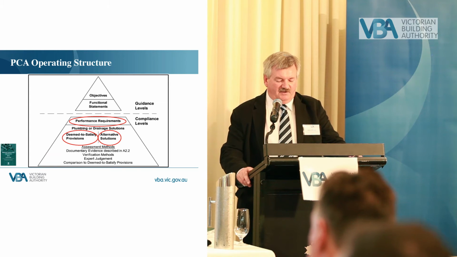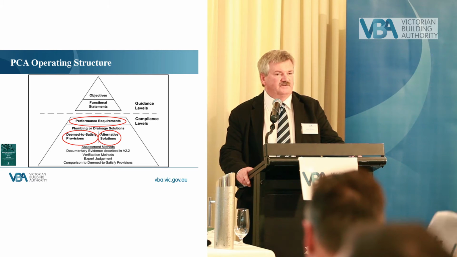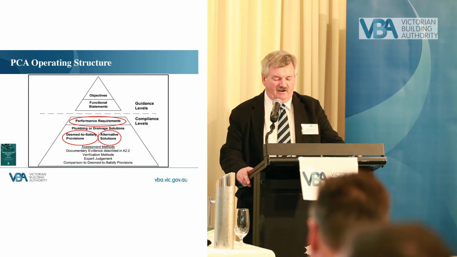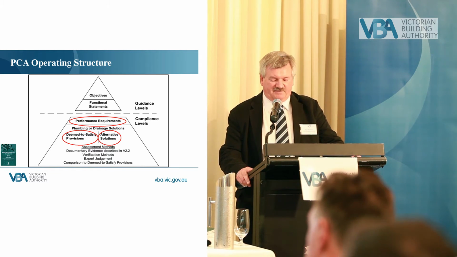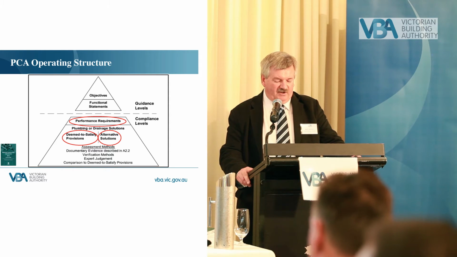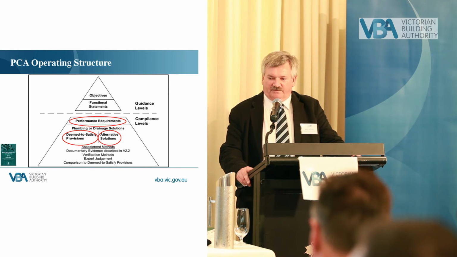The top level provides guidance and contains the overarching objectives of the sections and the functional statements, which describe how a solution achieves these objectives. The lower levels are the compliance levels. They contain the mandatory performance requirements and the means of complying with these performance requirements. Compliance can be achieved by using either a deemed to satisfy provision, otherwise referred to as DTS, or through an alternative solution.